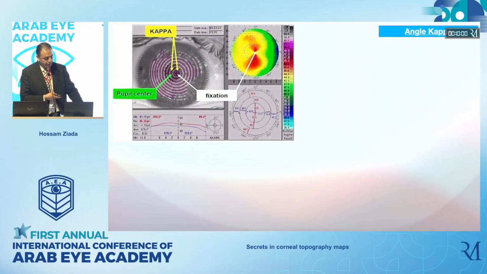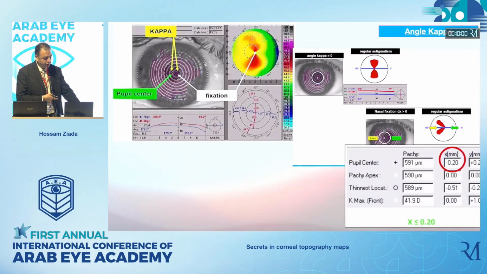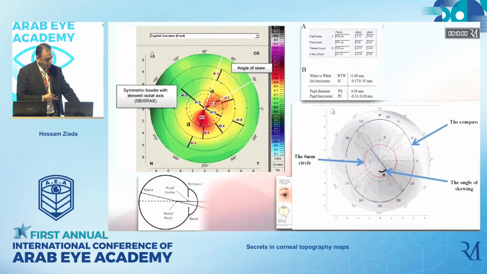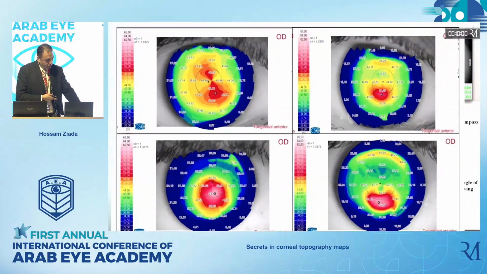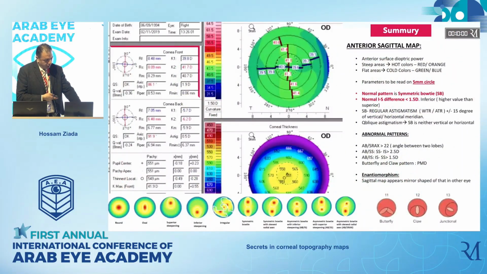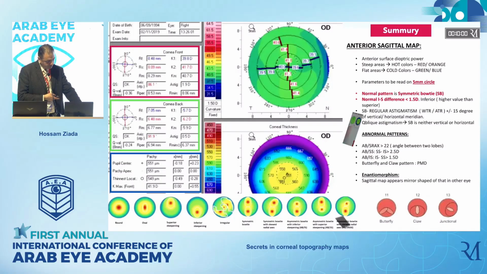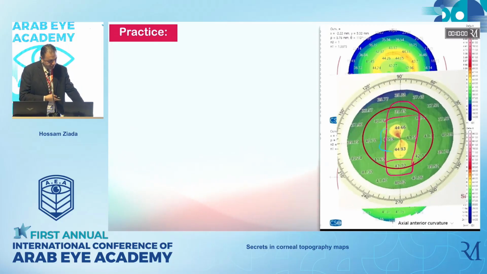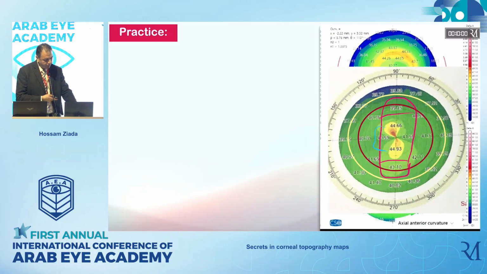And these are examples of angle kappa covered by Dr. Hossam and Dr. Omar. And here is a summary of what has been shown. And let's go to the practice in such patients.